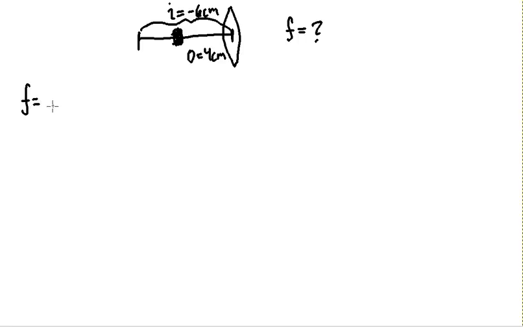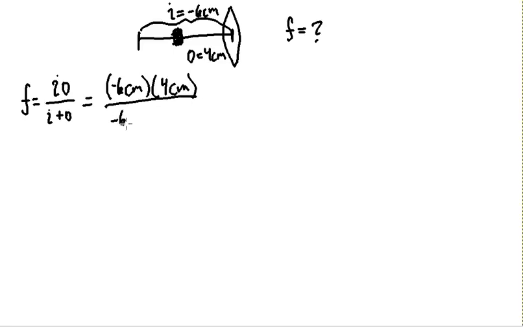The focal length is going to be the product of the image distance and the object distance, divided by the summation of the image distance and the object distance. So my image distance is negative 6 because it's virtual and upright. My object distance is 4 centimeters.